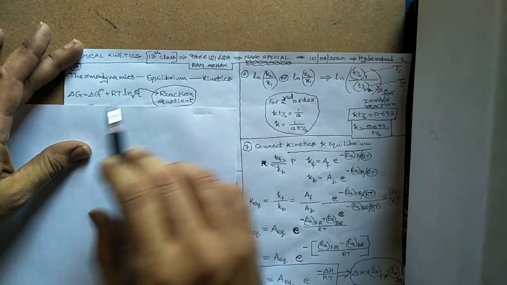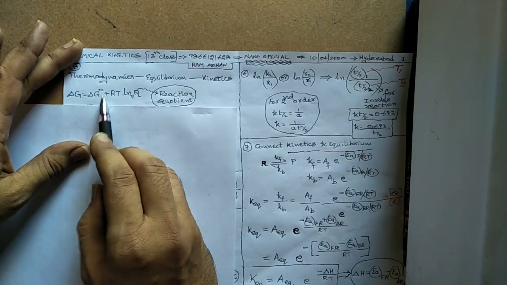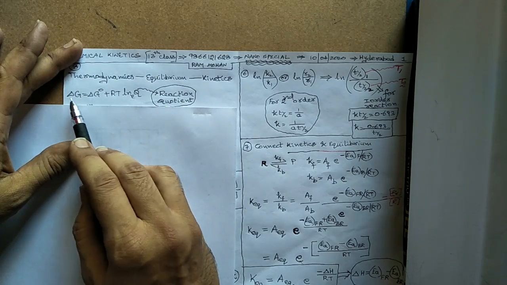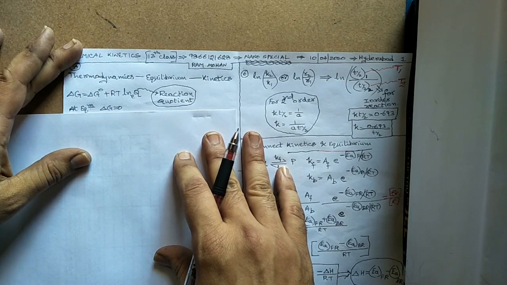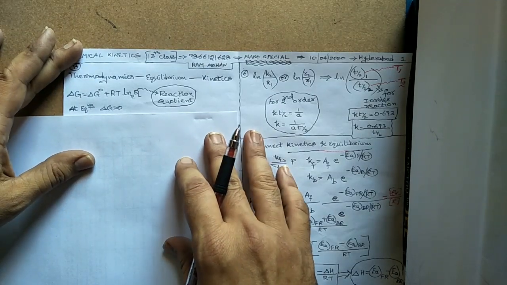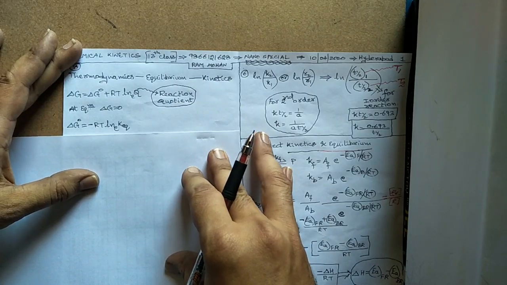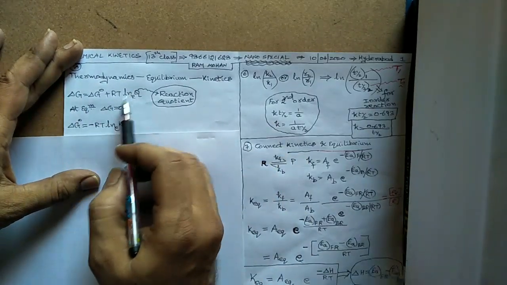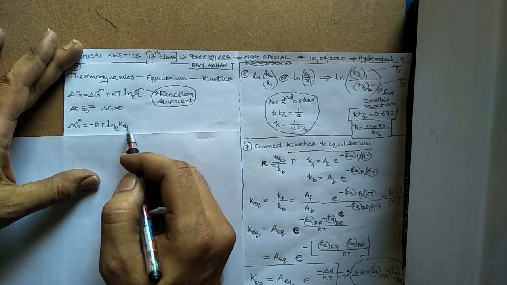At equilibrium, delta G is 0. Delta G naught need not be 0. Most of the cases it won't be 0. So at equilibrium, delta G is 0. When delta G is 0, what will I get? I'll substitute 0 there and take this entire part to the other side, so that I'll be getting delta G naught is equal to minus RT ln K equilibrium.